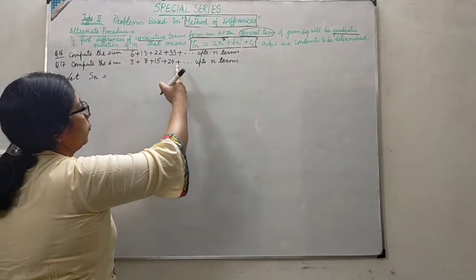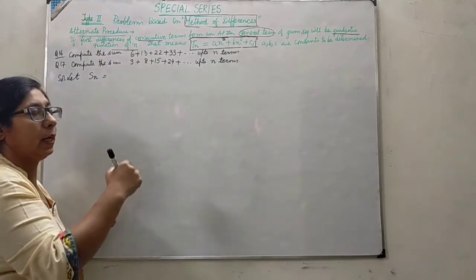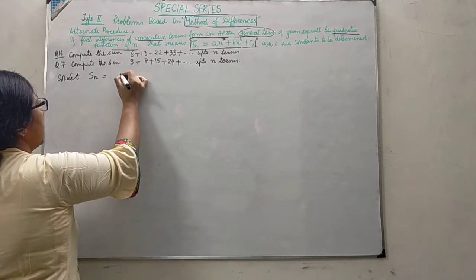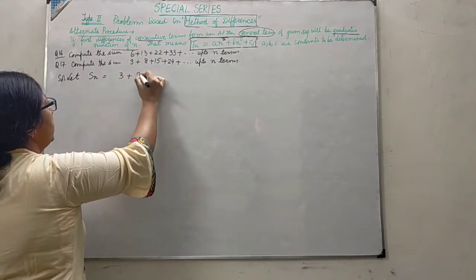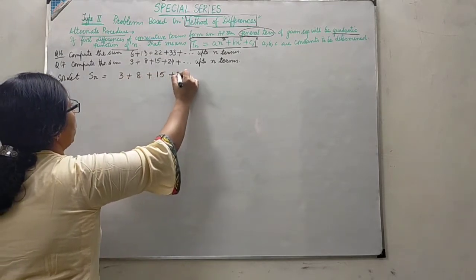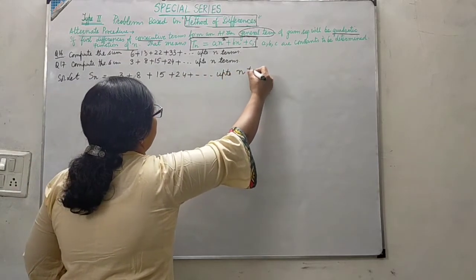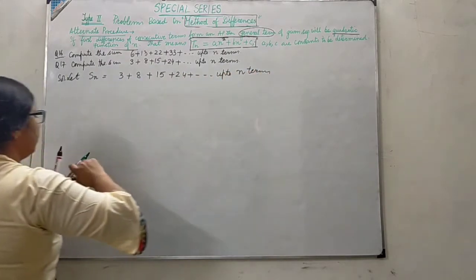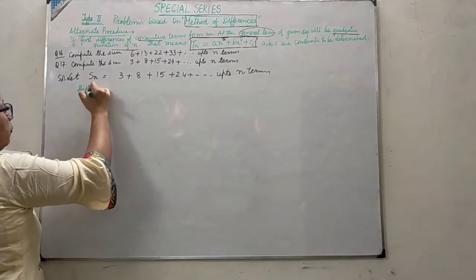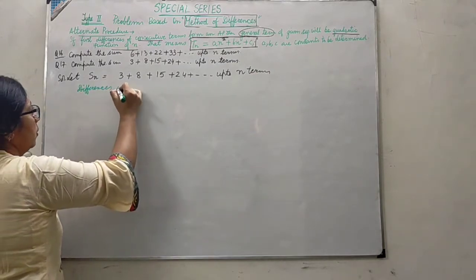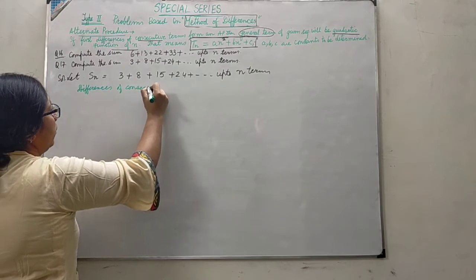Let me explain one more question with the help of the same method so that you can better understand. Again, compute the sum. We can see that these are forming an AP, so I am taking the same type of question. Let Sn be 3 plus 8 plus 15 plus 24 plus dash up to n terms. We will first check whether the differences of consecutive terms form an AP or not.